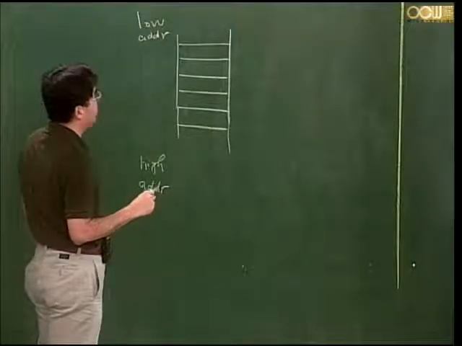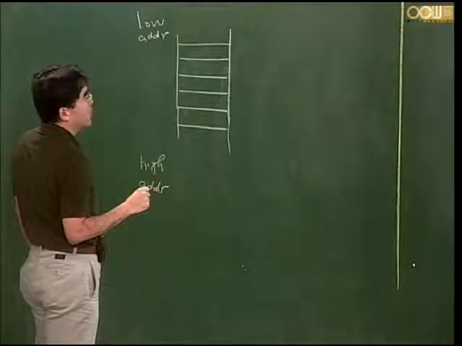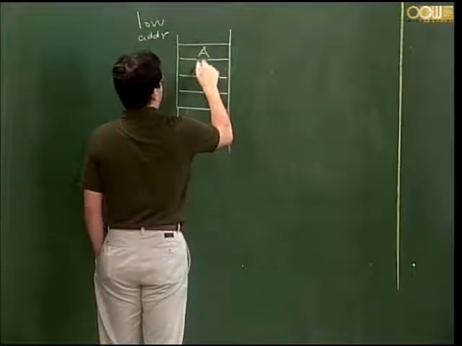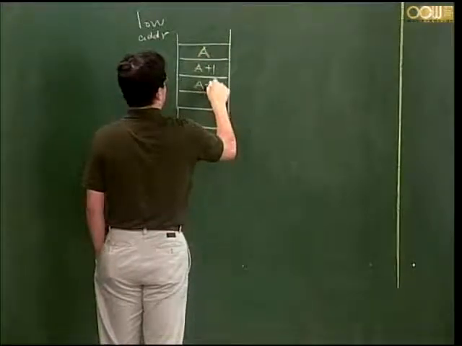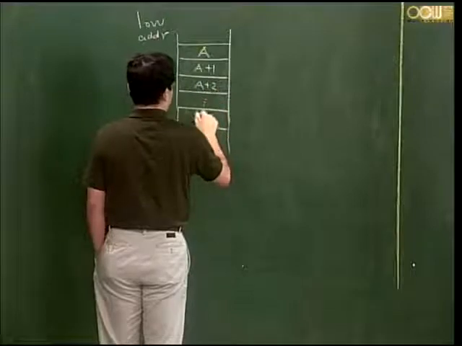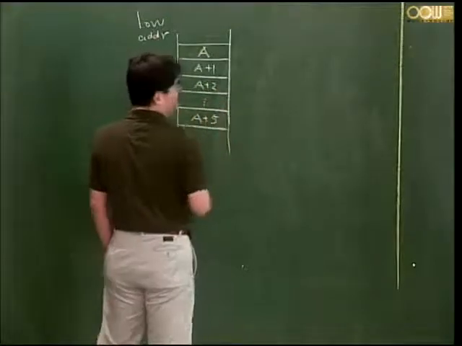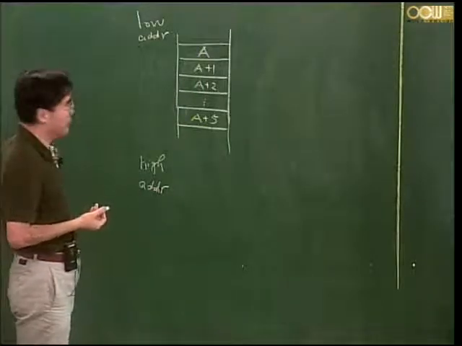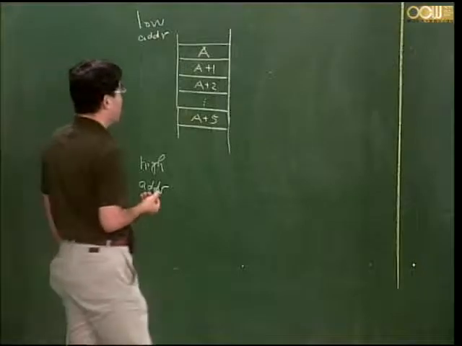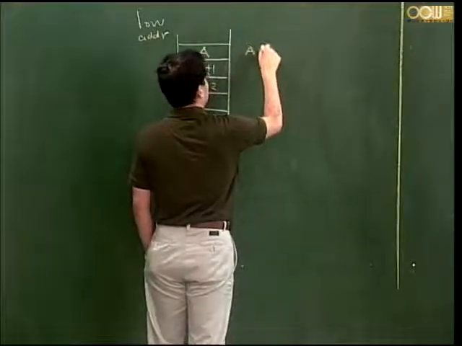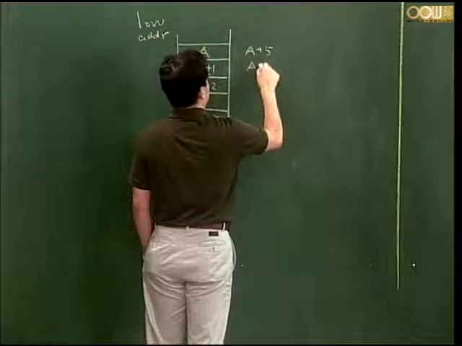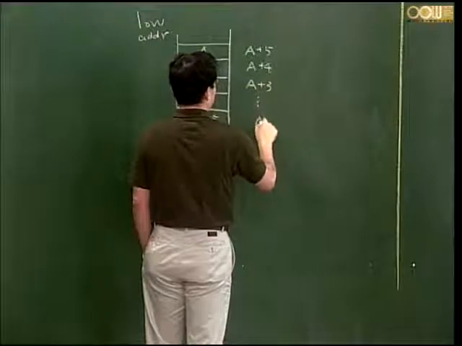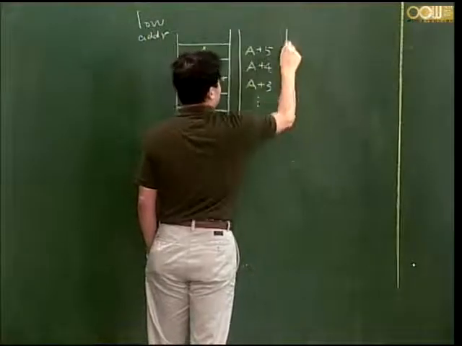Okay, and I have A plus 1, A plus 2, up to 5. Suppose I have 6 bytes. I can either store in this way, or I can store in the other way around. So that's another order.